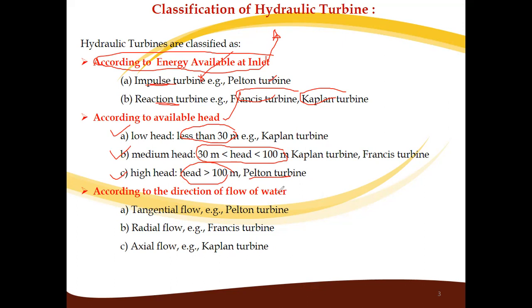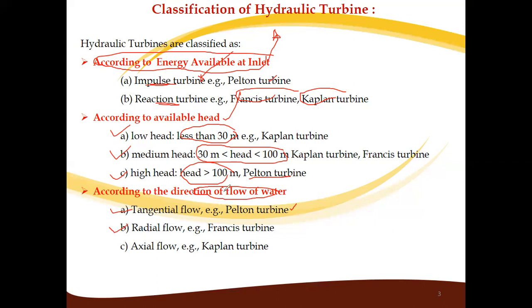Similarly, according to the direction of flow of water inside the turbine, they are classified into three types. First one is tangential flow. So the direction of flow of water inside the turbine is tangential, so it is called as tangential flow turbine. Example is Pelton wheel. Second one is radial flow turbine.